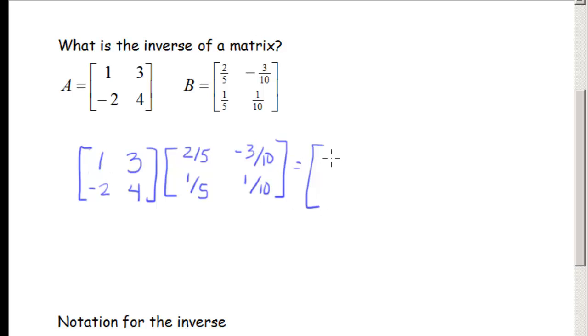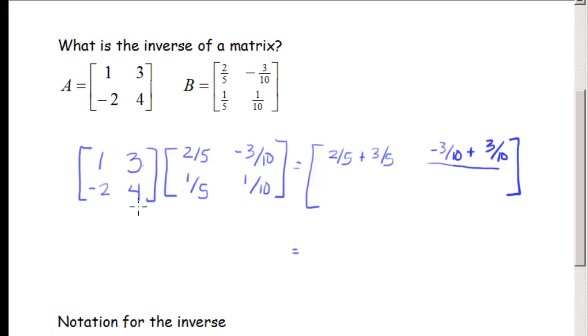So we're going to take 1 times 2/5, that's 2/5, plus 3 times 1/5. For this second element here, we're going to take 1 times -3/10, so that's -3/10, plus 3 times 1/10, that's 3/10.